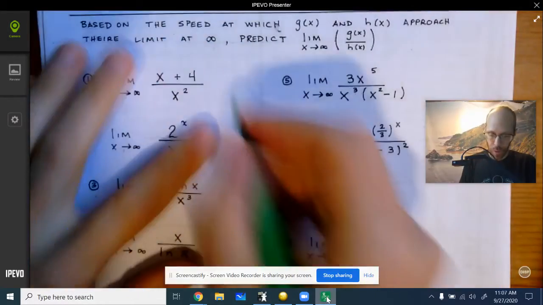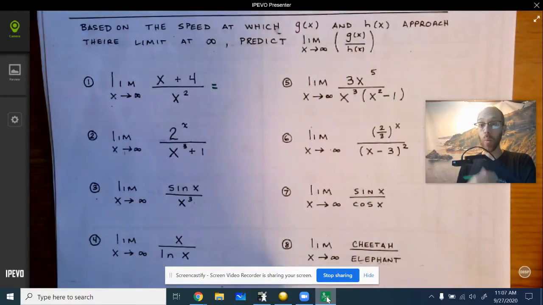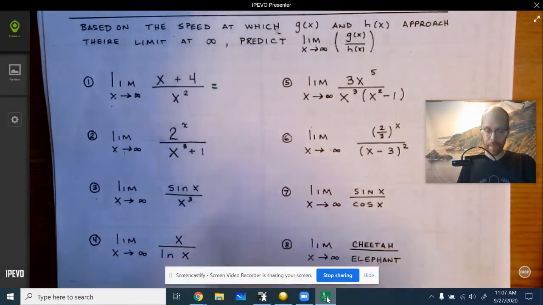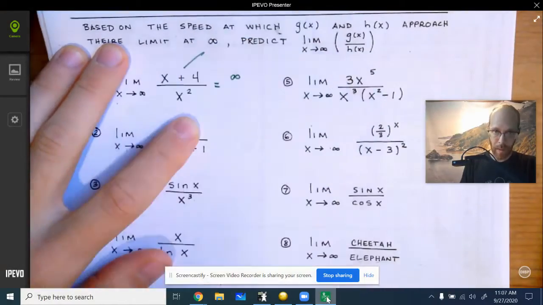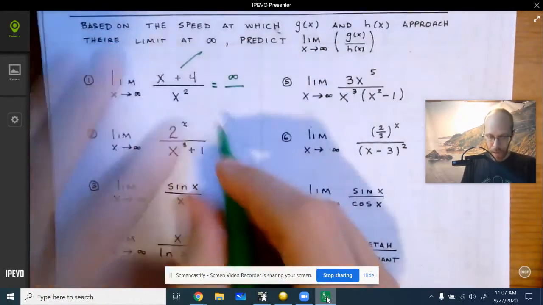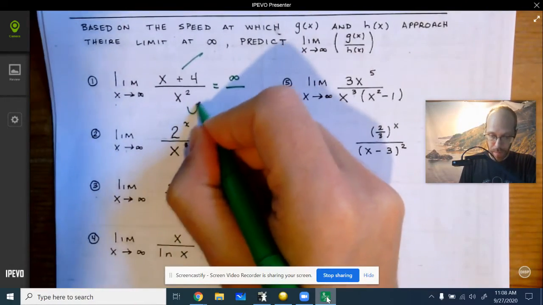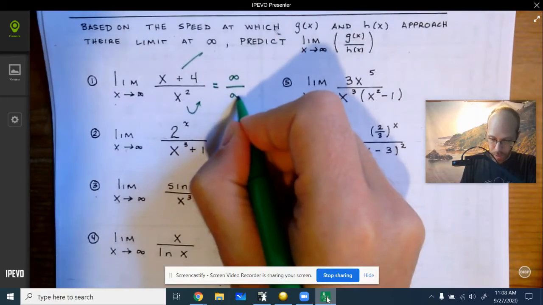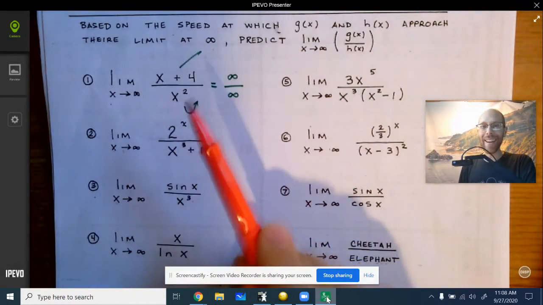Here's how I want you to approach a problem like this. You're going to say, x plus 4, where does that go as x goes to infinity? Oh, well, that goes to infinity. It gets big, right? It's a line. Goes up. X squared, what happens to that as x goes to infinity? Okay, well, that's also going to infinity. Next question, which one's getting there faster?